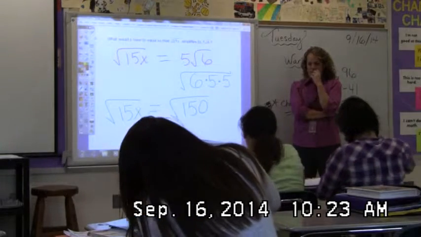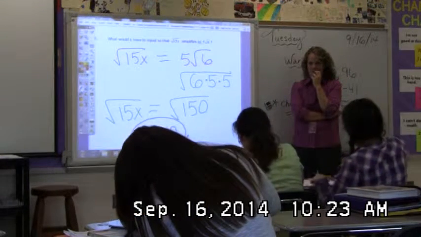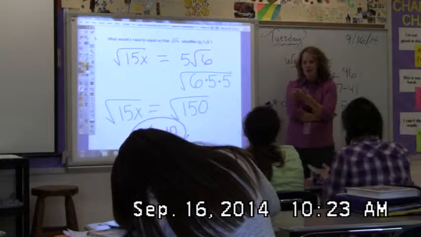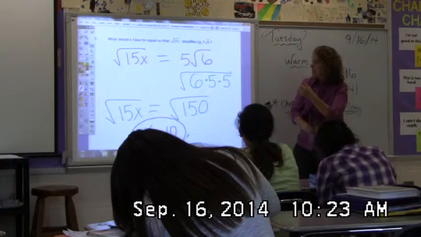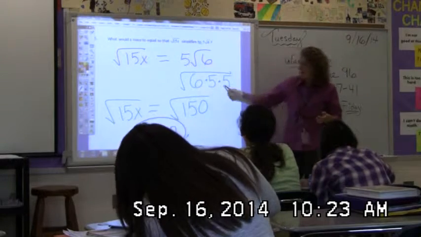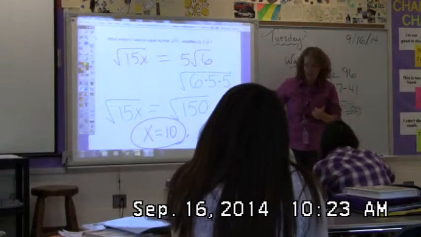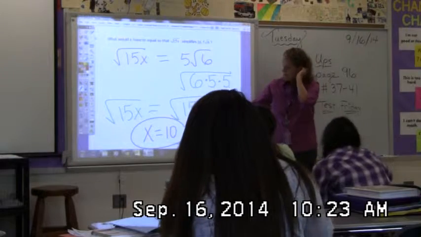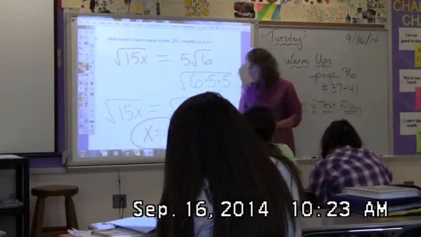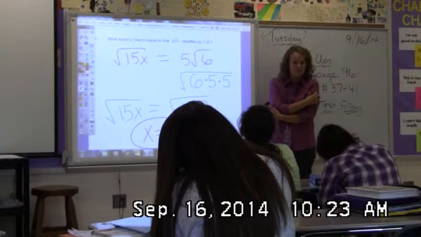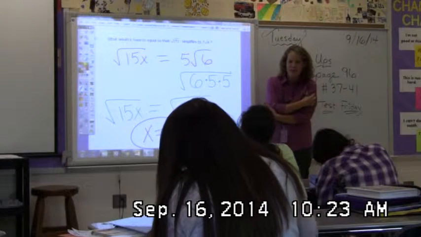Okay, what do you think? It was kind of from a weird angle, but it was the same idea. We're thinking backwards now. That 5 went back underneath as a pair of 5s. We simplified that, and then we just thought about what would x have to equal, so that 15 times x would make 150. Ready to try another one?